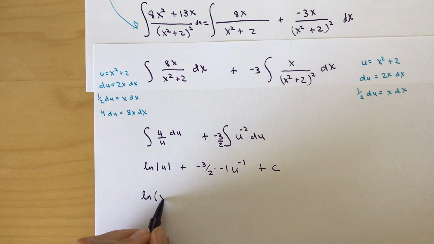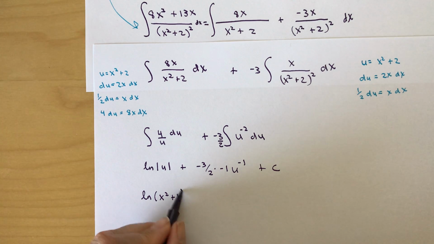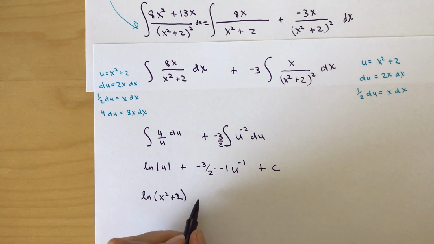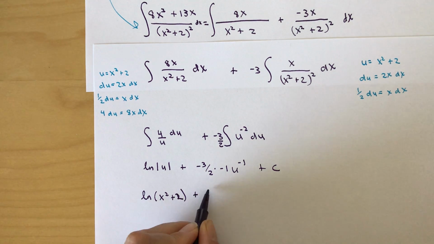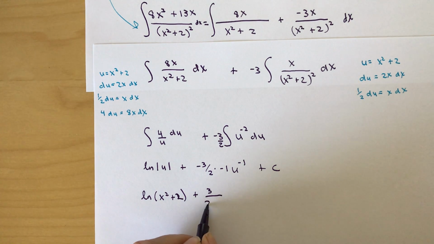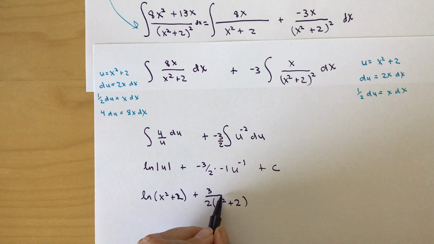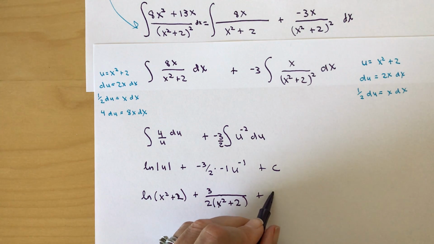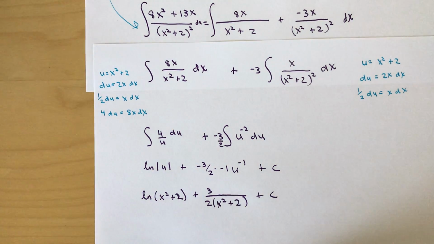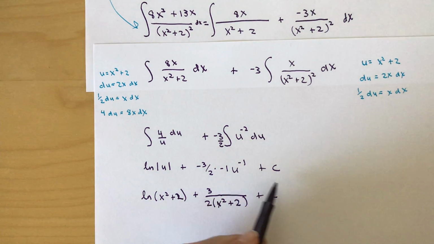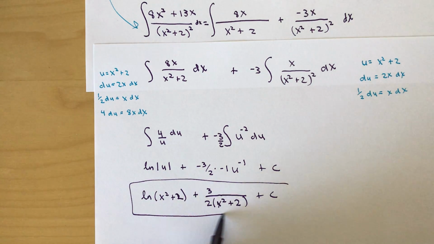Since that is always positive, I don't need the absolute values, and this would be plus 3 over 2 times u, plus c. And that is the final answer.